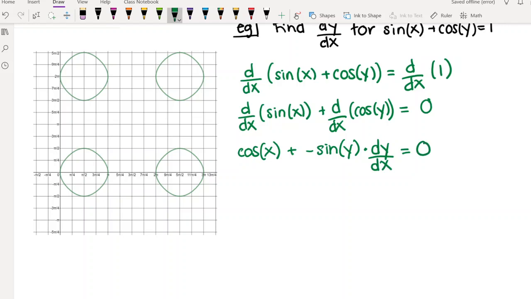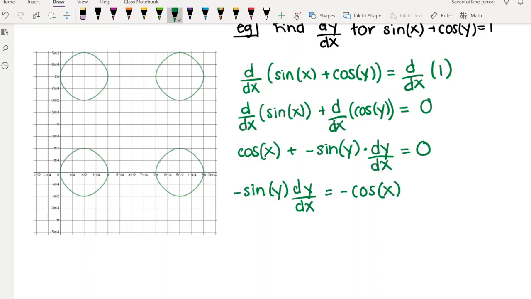And so the last step is to solve for dy dx. So we're going to isolate the dy dx part. We can accomplish that by subtracting cosine of x from both sides. So if we subtract cosine of x from both sides, we get negative sine of y times dy dx is equal to negative cosine of x.